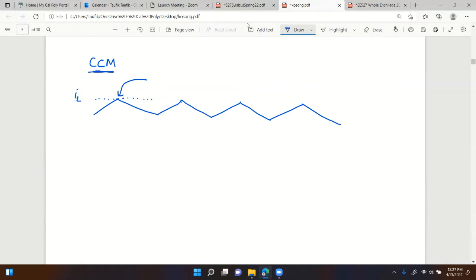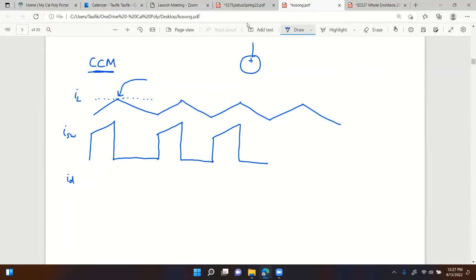I could also use the switch current, or you could also use the diode current. This is the switch current. If you have a buck converter, of course. This is the same for buck-boost and boost. The shape is the same for all three.